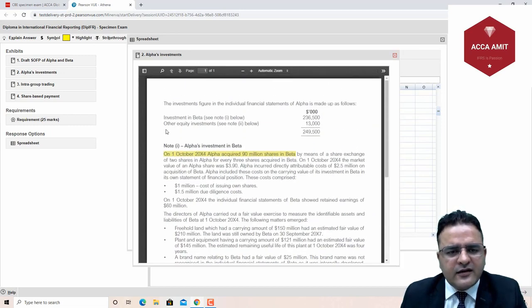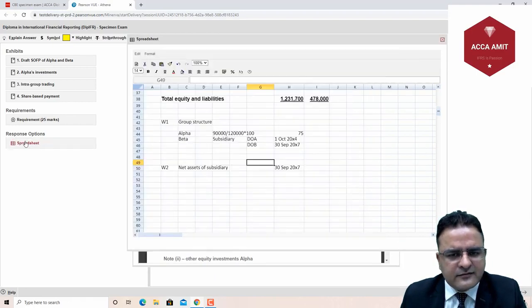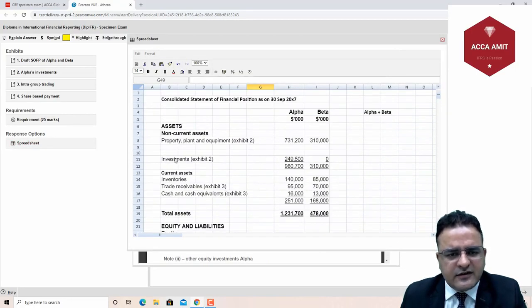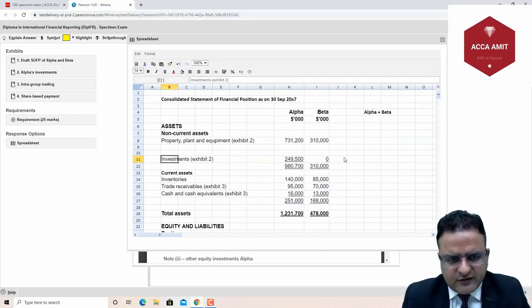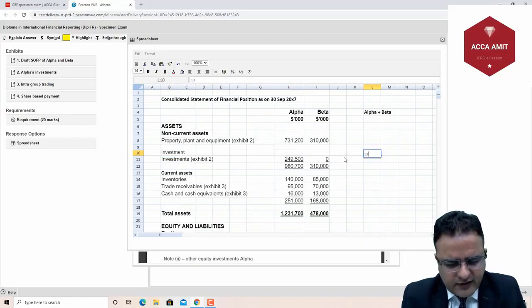So the other equity investments are 13,000 and they increased to 13,800. We can easily make this change here, that in consolidated financial statements, this investment amount will be replaced with the new investment amount of 13,800.